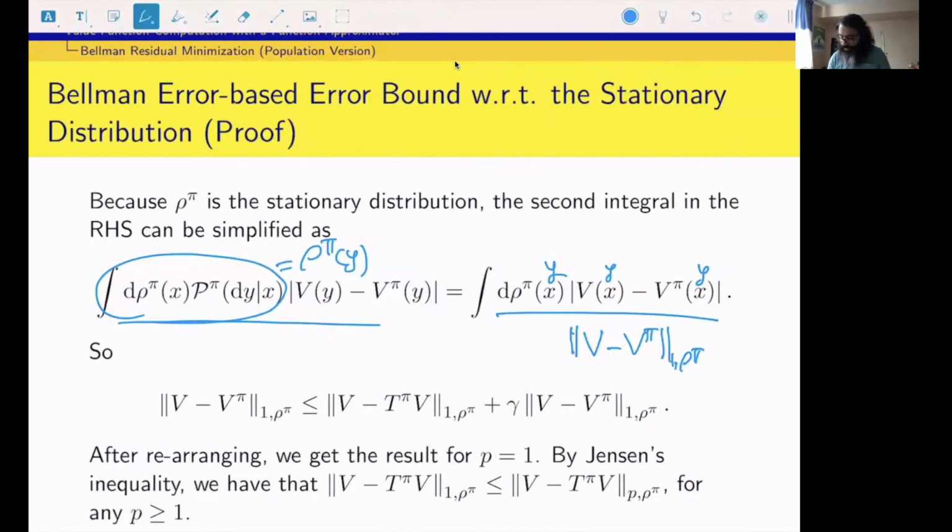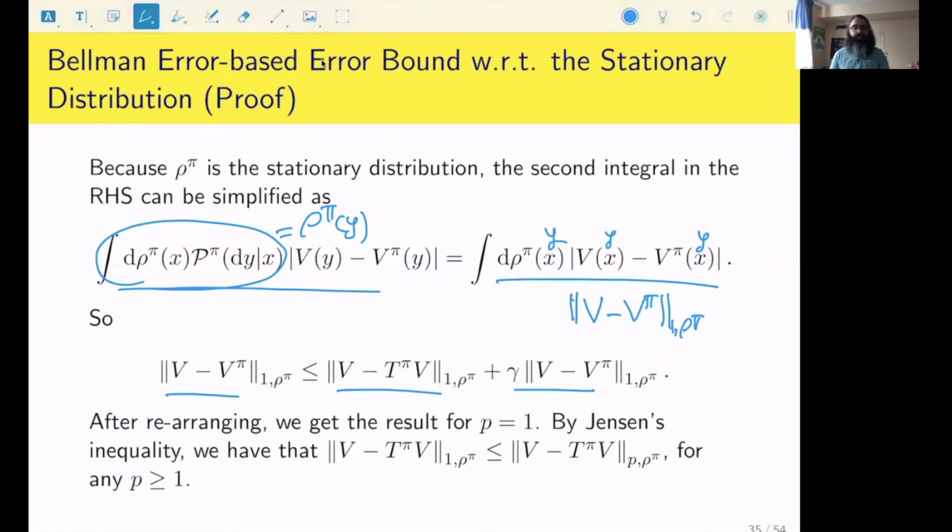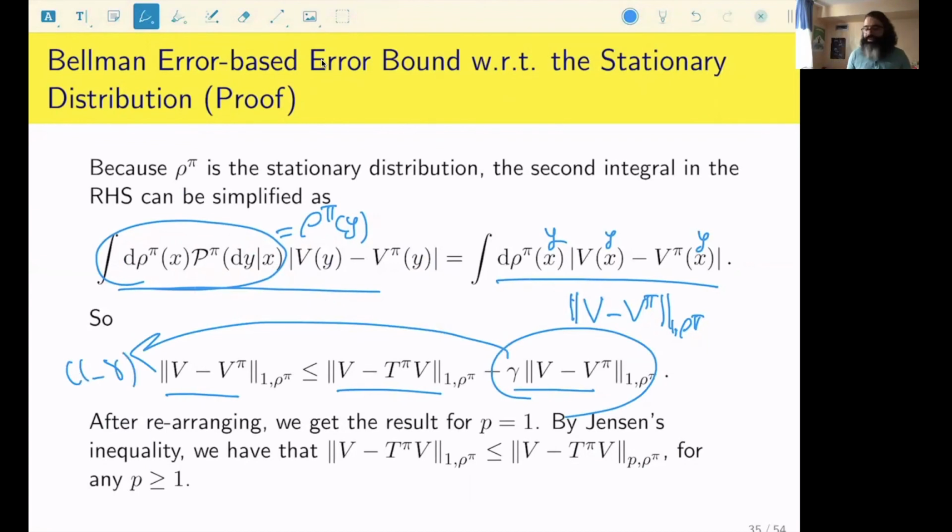So we get the L1 norm of v minus v pi is equal to the L1 norm of the Bellman residual plus gamma times the L1 norm of v minus v pi, which means that if I rearrange it, I get the result for p equal to 1. So if I move this to the left side, I would get (1 minus gamma) times the norm of v minus v pi is equal to the L1 norm of the Bellman residual.